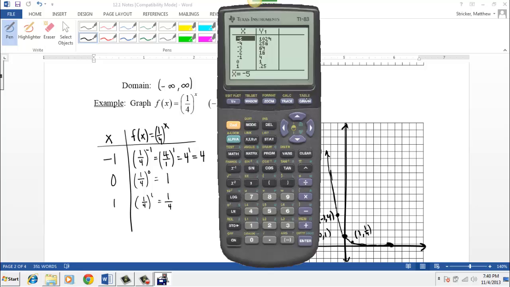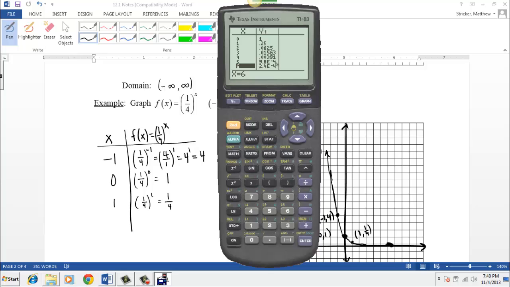Notice as x gets negative, these numbers get really, really, really big. And then at 0 we have 1, and then as x starts to get further positive, our y values get really, really small. Even down here, 5 and 6, this is scientific notation. This is 9.8 times 10 to the -4th power.